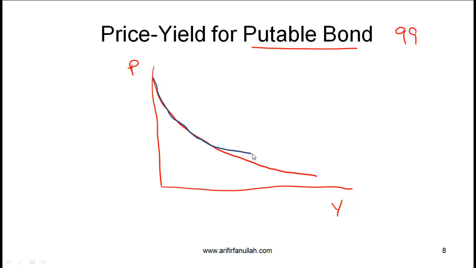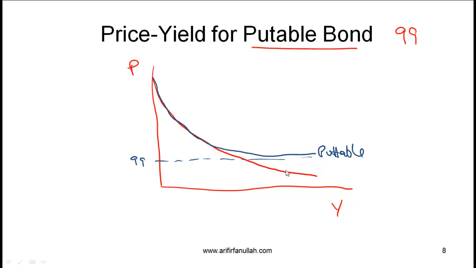However, as interest rates become high, the value of a putable bond becomes more than the option free bond. So this is the putable bond, the red is the option free bond, and in essence this value of 99 puts a floor on the value of a putable bond. If you know as an investor that you can give this bond back to the issuer for 99, clearly that becomes the minimum possible value of the putable bond.